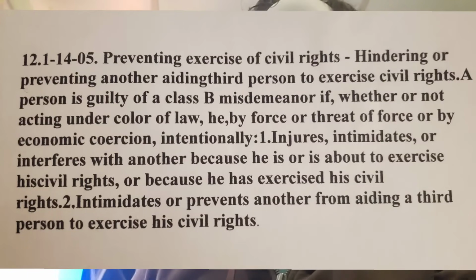A person is guilty of a Class B misdemeanor if, whether or not acting under color of law, he, by force or threat of force, or by economic coercion intentionally, 1. Injures, intimidates, or interferes with another because he is or is about to exercise his civil rights, or because he has exercised his civil rights. 2. Intimidates or prevents another from aiding a third person to exercise his civil rights.